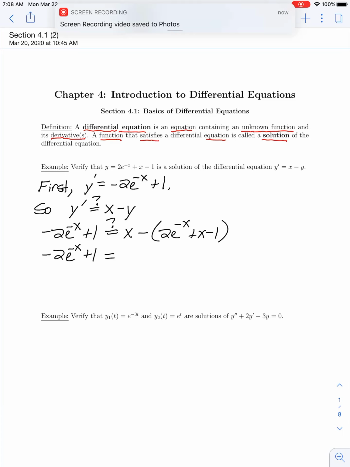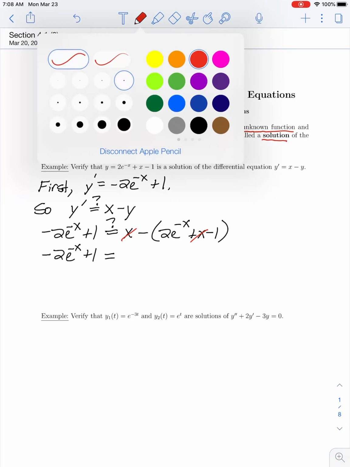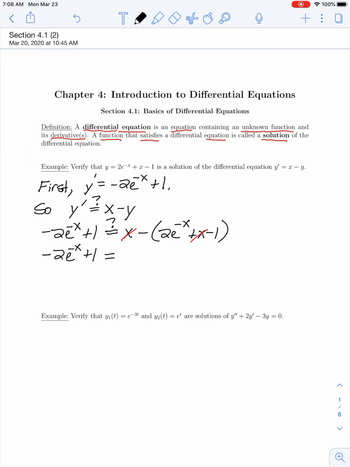So if we look at our right-hand side, we can simplify a little bit. We see that this x minus x will cancel, and we are left with a negative 2 e to the negative x minus a negative 1, or plus 1, and we see that this equation is indeed satisfied.